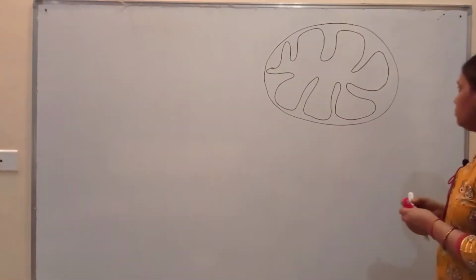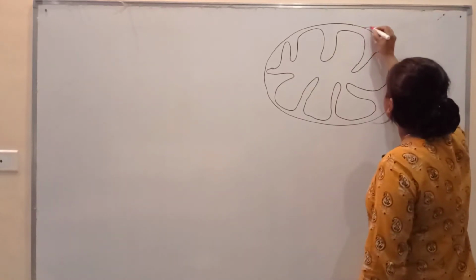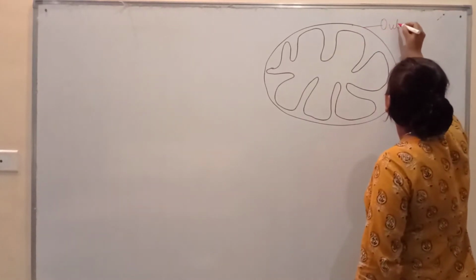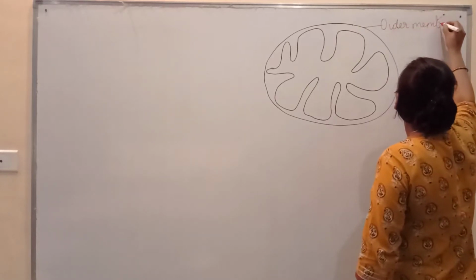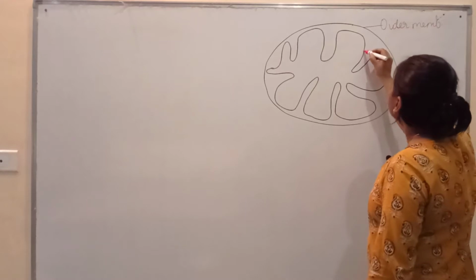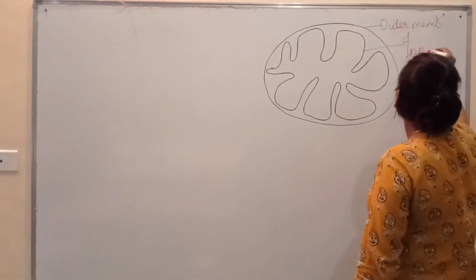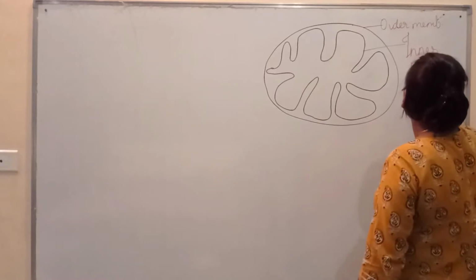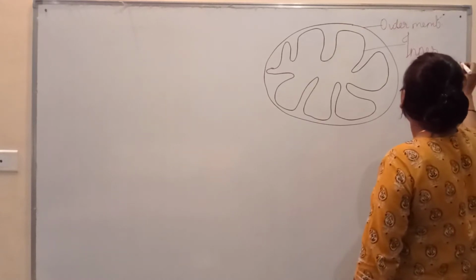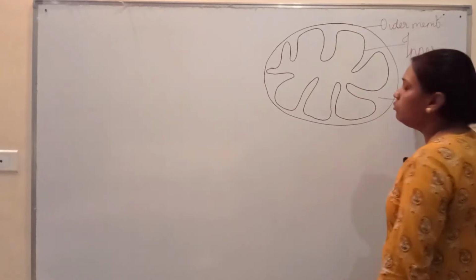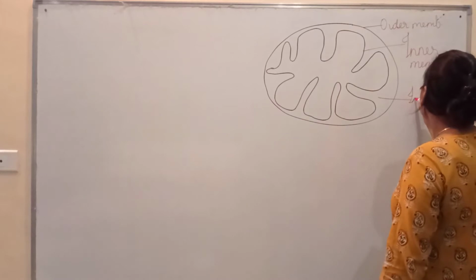So this is the structure of mitochondria. This is the outer membrane, and this is the inner membrane that is deeply folded, and the space between the outer and inner membrane is the intermembrane space.